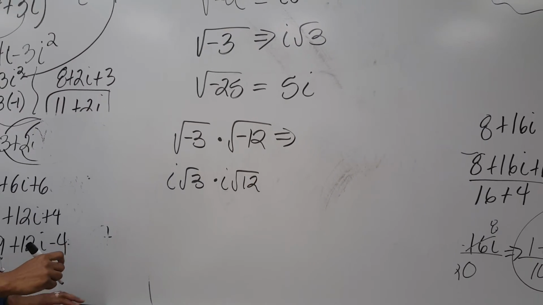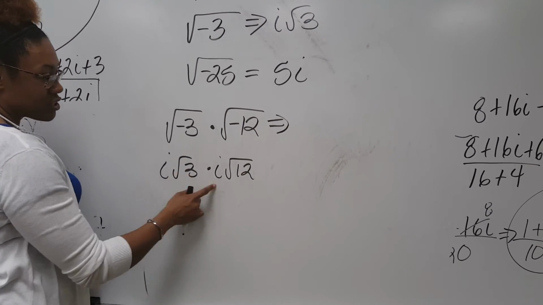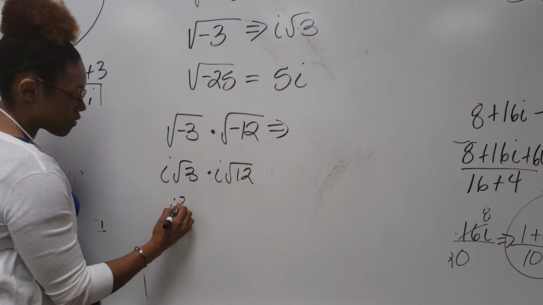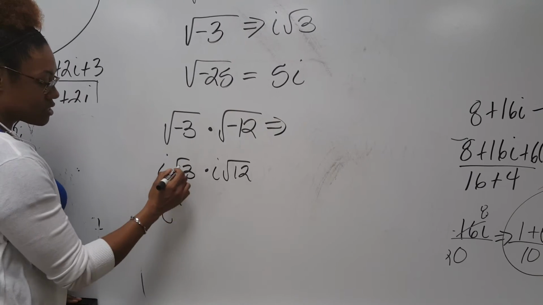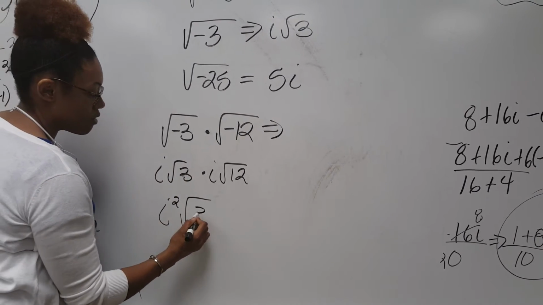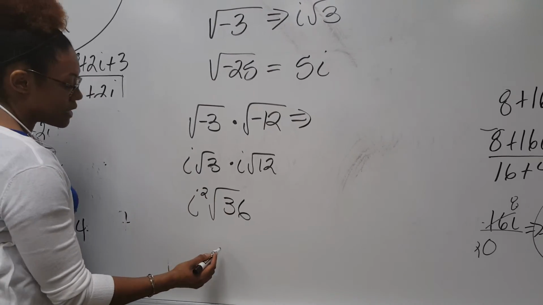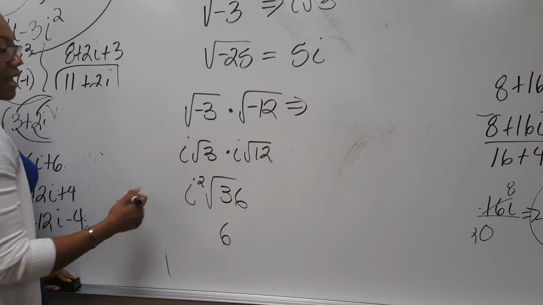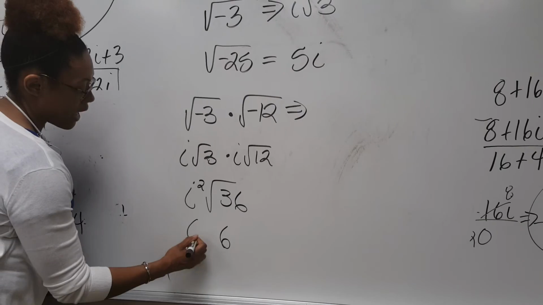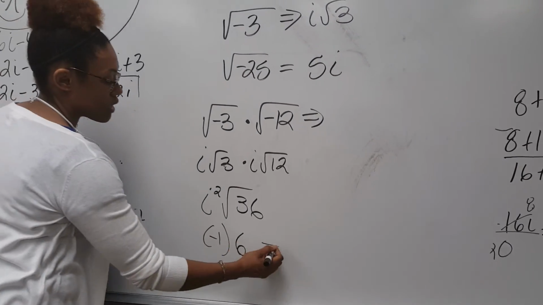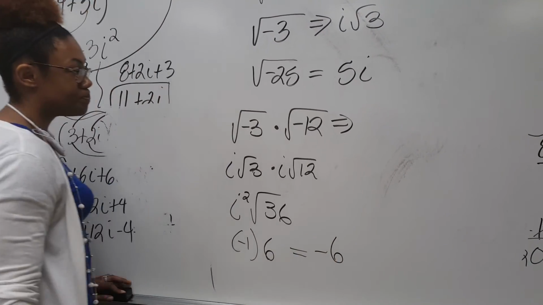So now you multiply the two imaginary parts, which will give me i times i, which is i squared. And then multiply this 3 times 12, which will give me what? 36. Well, the square root of 36 is 6, and i squared would be a negative 1. So 6 times negative 1 will give me a negative 6.